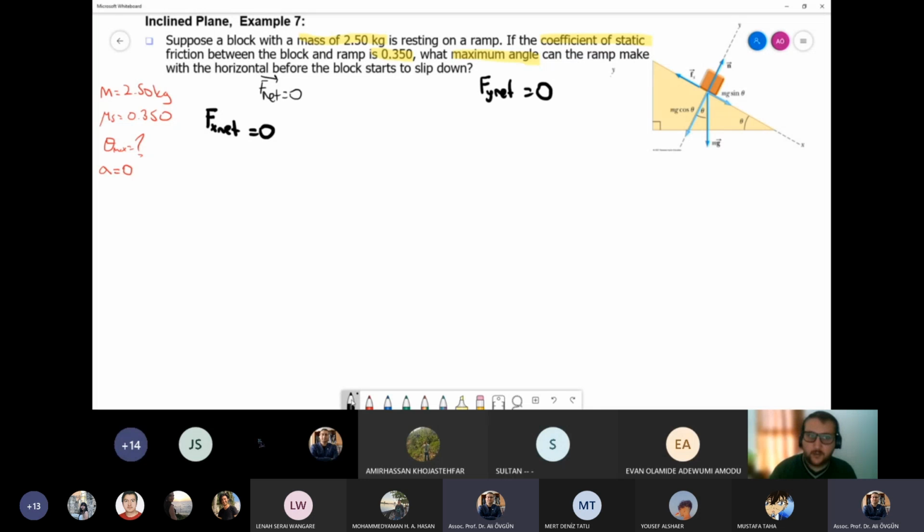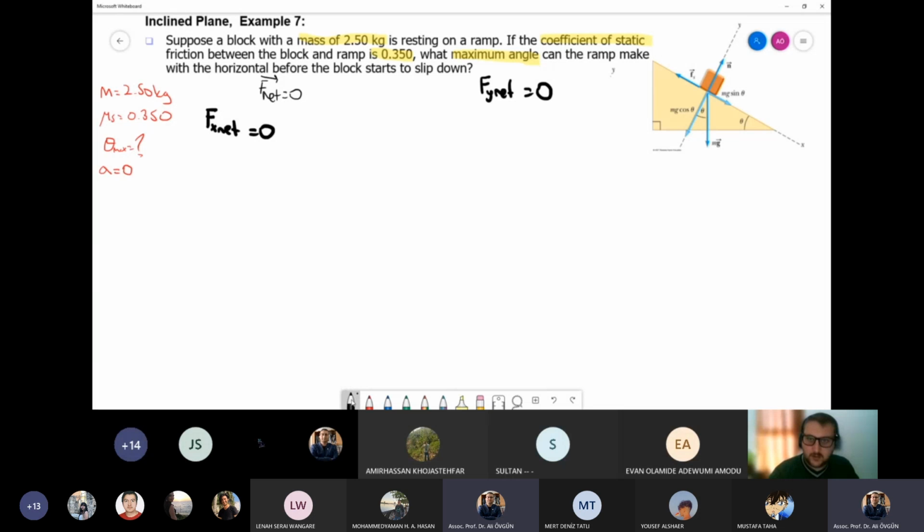First, which one are you going to use? First, you must use F y net, because you don't know the normal force, and first you must find the normal force from F y net, and then use it to calculate the friction force.